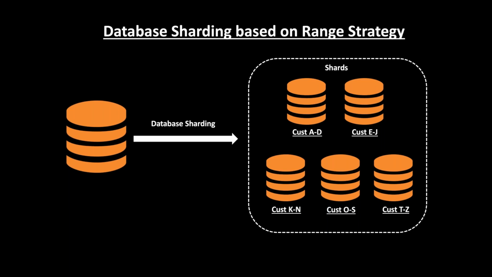As you see in this diagram, we have 5 different shards. Instead of having all the customer information in one node, we now have 5 different shards. Customer A to D is in one shard, E to J in another, K to N, O to S, and T to Z in the other one.